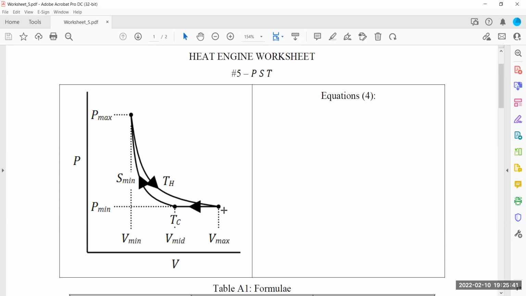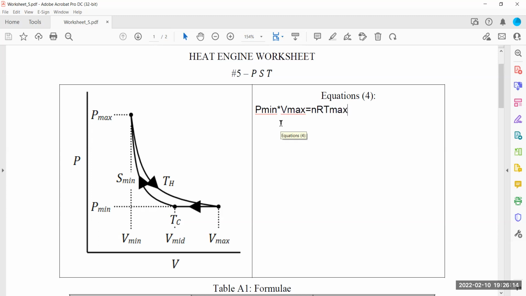Okay, the first thing we need to do is write the equation, PV equals nRT, for all of these parts. I'm starting with that point. So it's Pmin. Look at the pressure in here. It's a Pmin pressure at that point. So it's Pmin times Vmax equals nR Tmax.